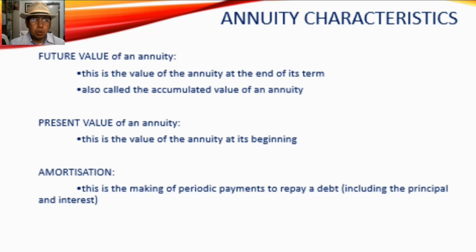When we say amortization, this is the combination of principal and interest to be paid at a regular interval. So again, amortization is the making of periodic payment of any loan. This payment includes the principal and the interest within that certain period of payment.